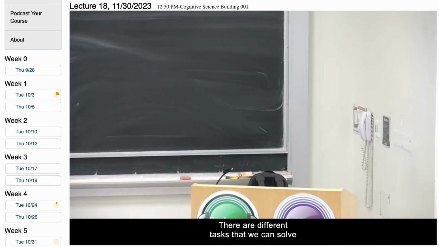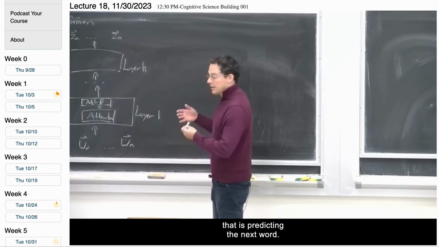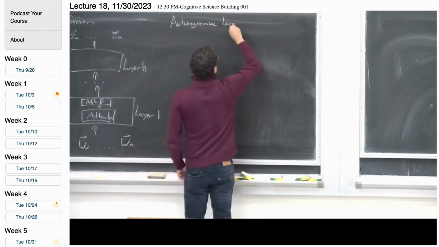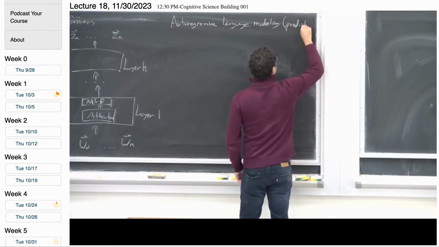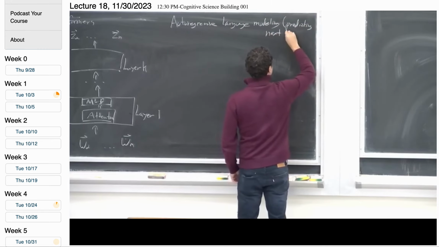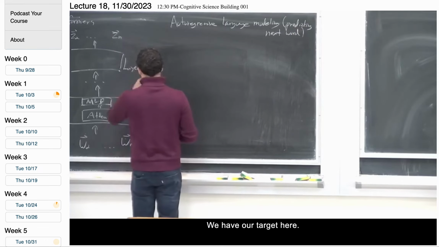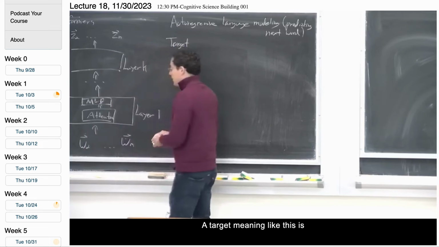And there are different tasks that we can solve here. We can consider just an autoregressive language model, that is predicting the next word. So we have our target here. Target meaning this is the sequence that we want to predict.